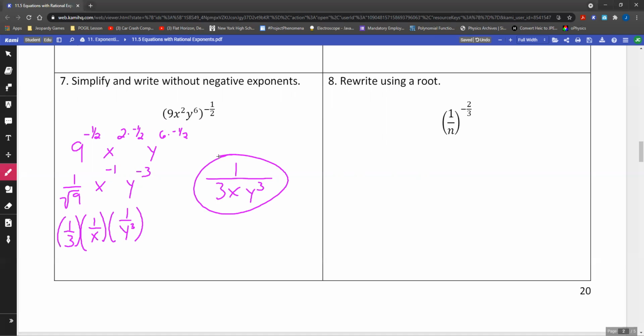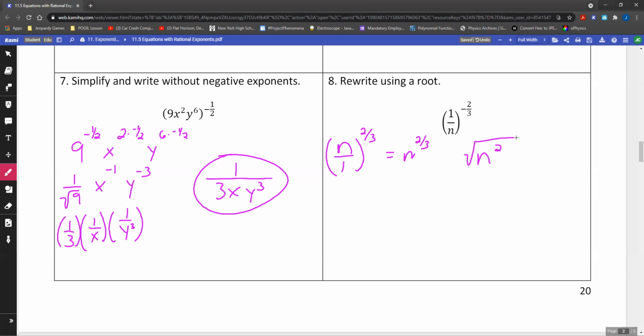All right. Over here, they want us to rewrite this using a root. So because there's a negative on the exponent, that means I'm going to flip and take the reciprocal of this. That just ends up being this, which is really the same thing as just n to the 2/3. The 2 is the power, so that stays with the n.